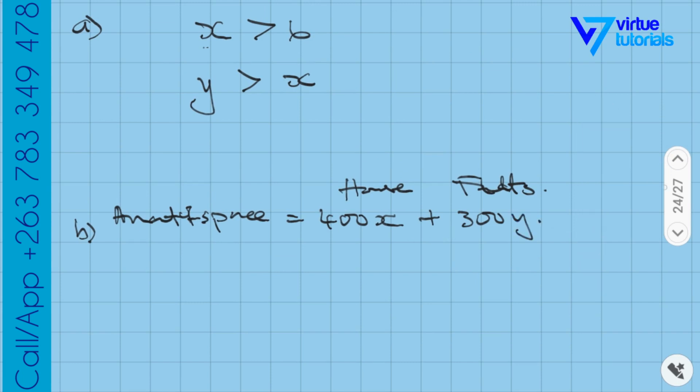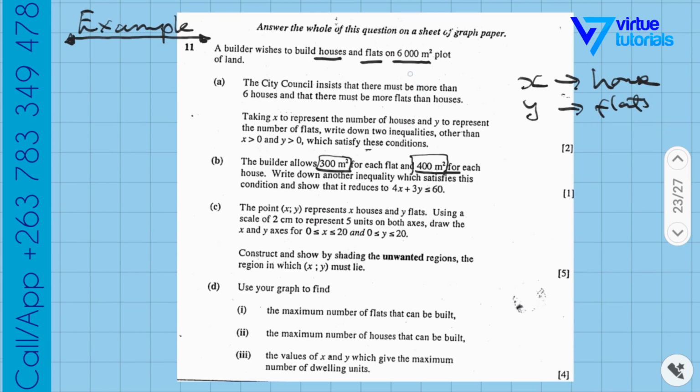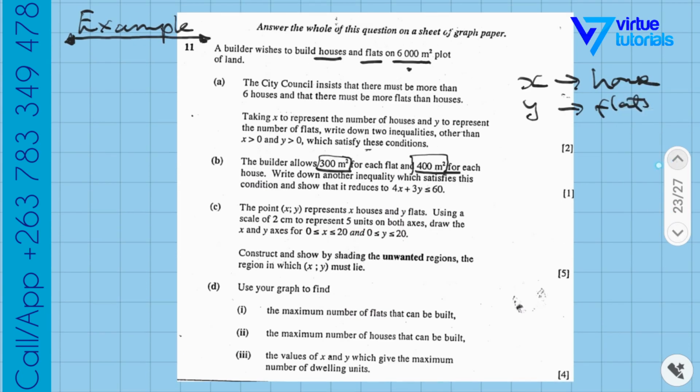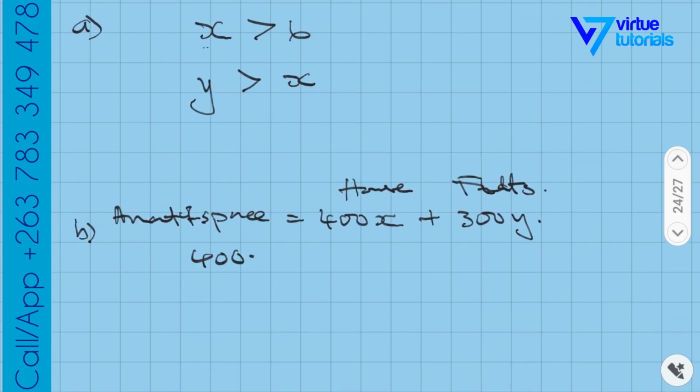But we know that the total amount of space is 6,000. So the space taken by houses plus the space taken by flats must be less than or equal to the total space, otherwise the houses and flats will not fit. So the space taken by houses, 400x, plus the space taken by flats, 300y, must be less than or equal to 6,000.